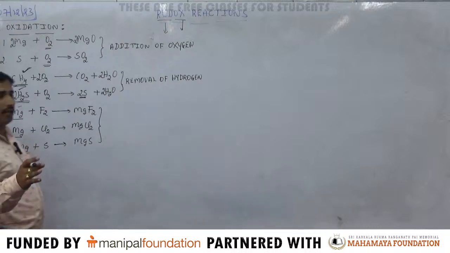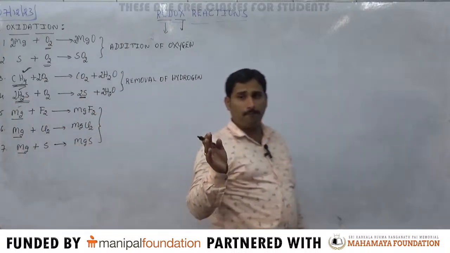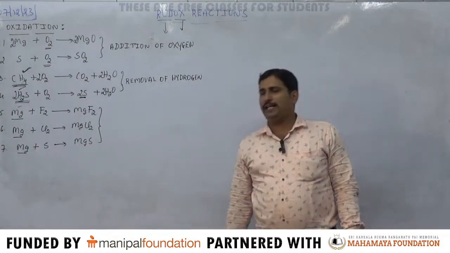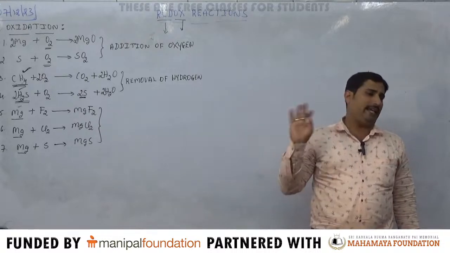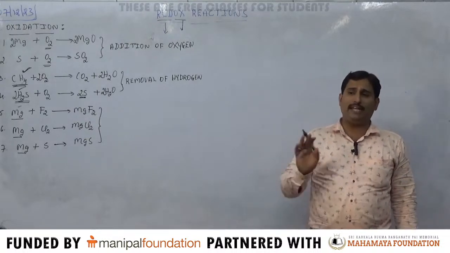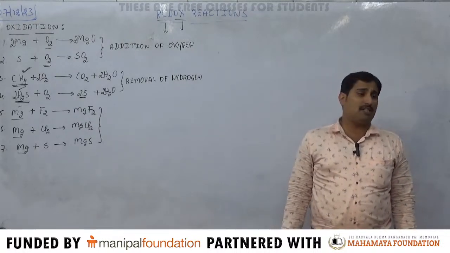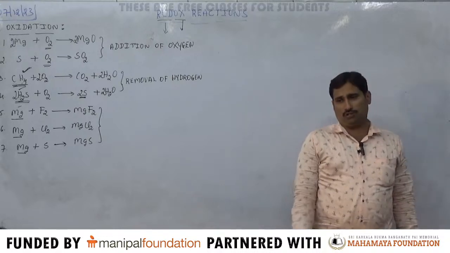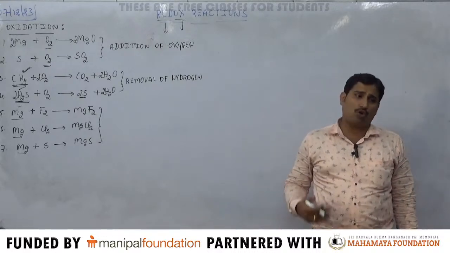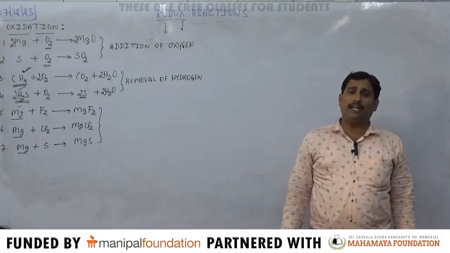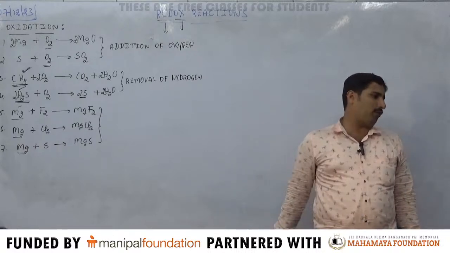So when you go to the right side, what happens to electropositivity? Electropositivity decreases, electronegativity increases. The group 17 elements are known as halogens, and halogens are electronegative in nature, and fluorine is the most electronegative element.